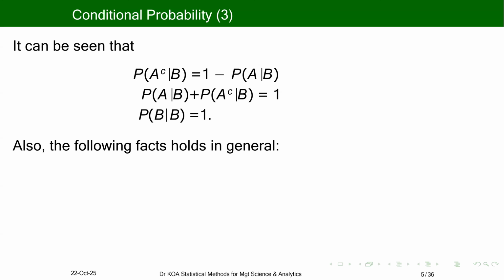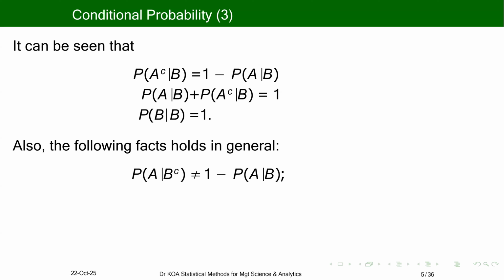I hope you'll be able to do the test then. So that holds. If that holds, then the general situation is this, that the probability of A given the B complement is not the same as 1 minus the probability of A given B, just as the previous one is. Take note, because the probability of A complement given B is not the same as the probability of A given B complement.